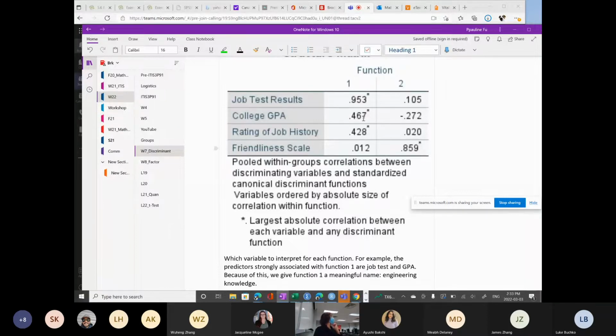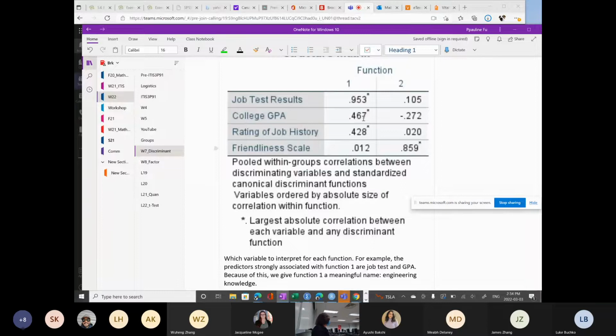So during the final exam, it will not be ambiguous. I will just ask you, which one contributes the most for function 1? The answer has only one, job test result, because it has the biggest number, 0.953. Okay. Thank you for your question.